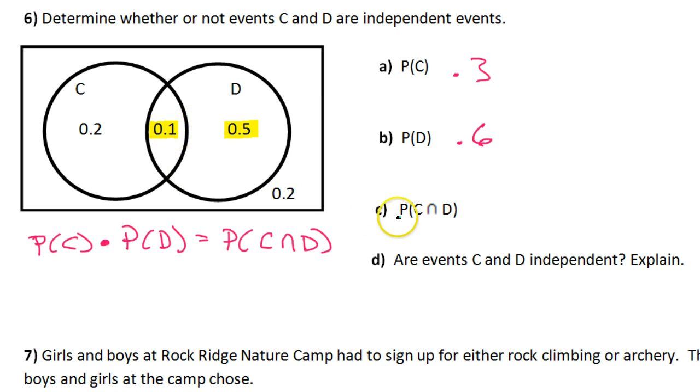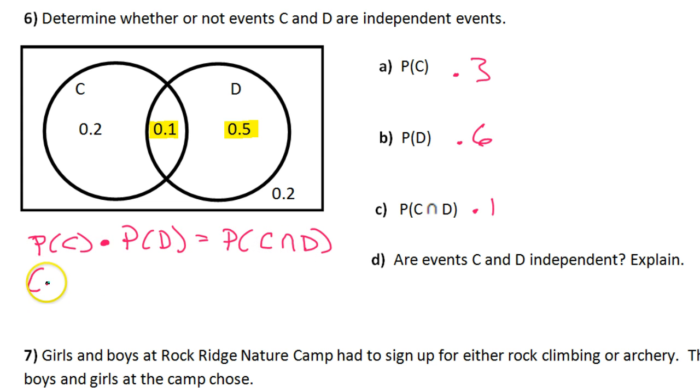Now the probability of C and D, that's the overlapping part here. So that's 0.1. So now to answer the actual question, are the events independent, we will use the formula as a test.